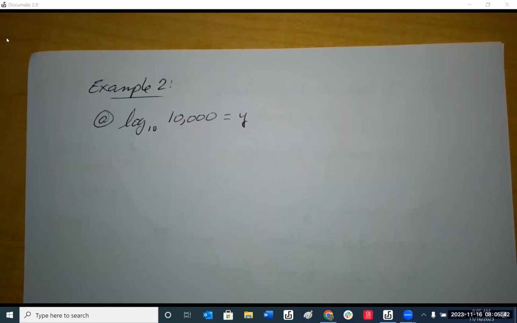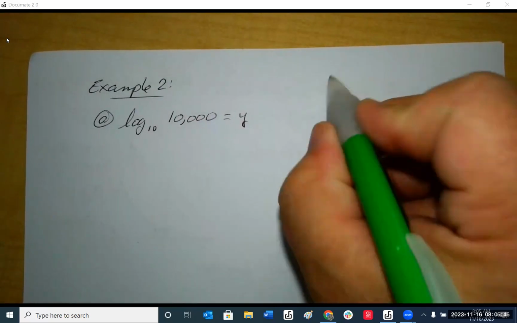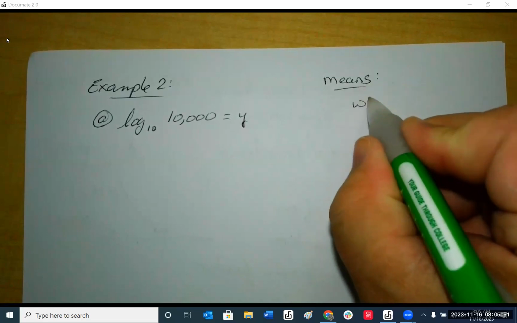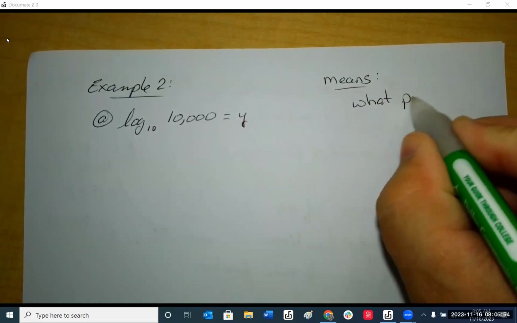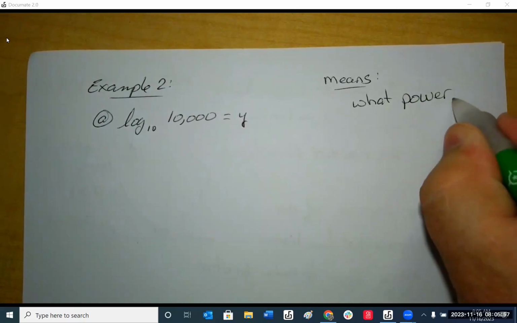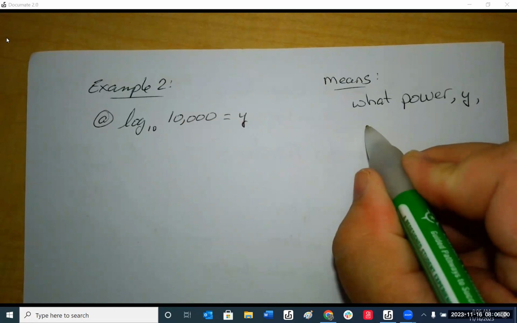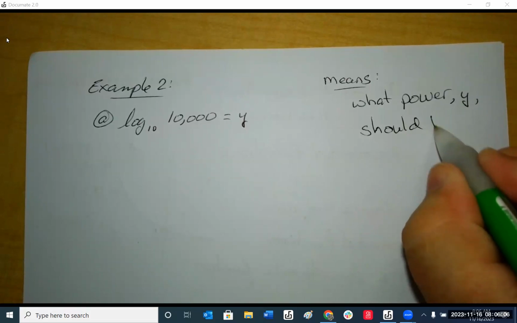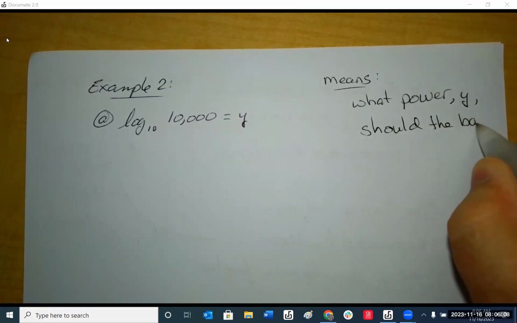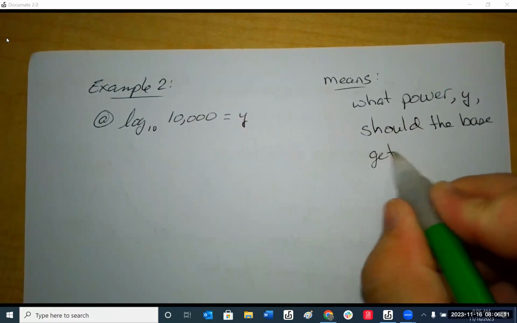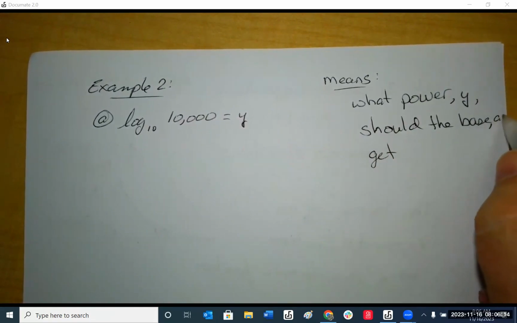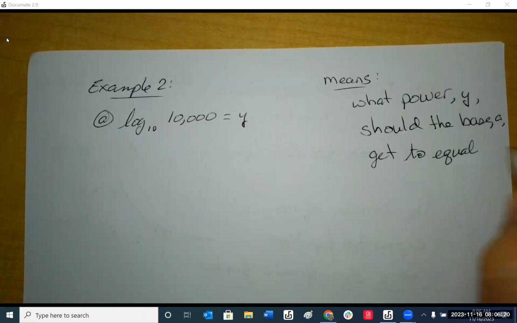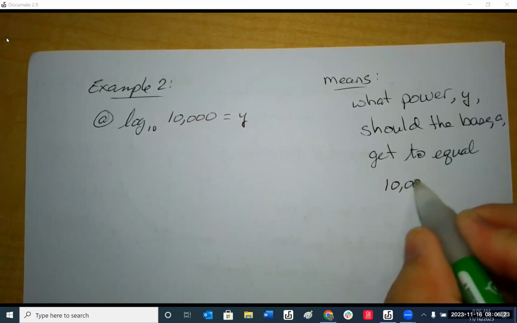What a logarithm really means is this: what power y should the base get, the base is a, to equal 10,000 in this case.